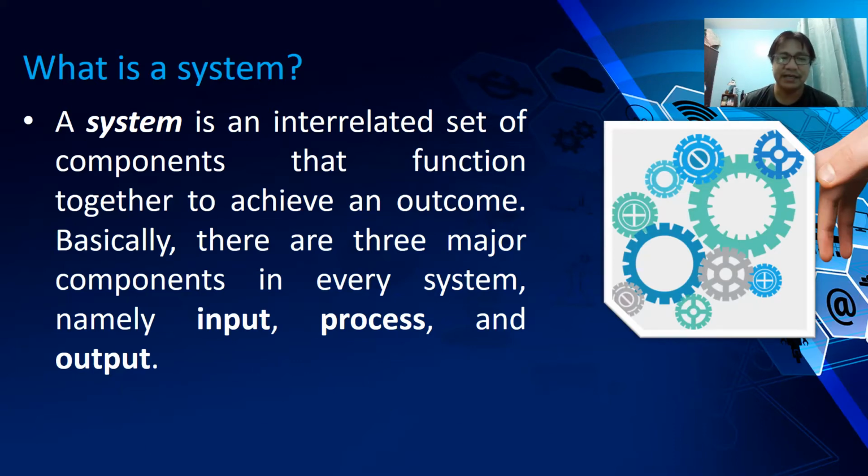So basically, there are three major components in every system, namely, very basic, because you studied this also in Comp 112: the input, process, and output, which is the very essence of a system, or even a computer.